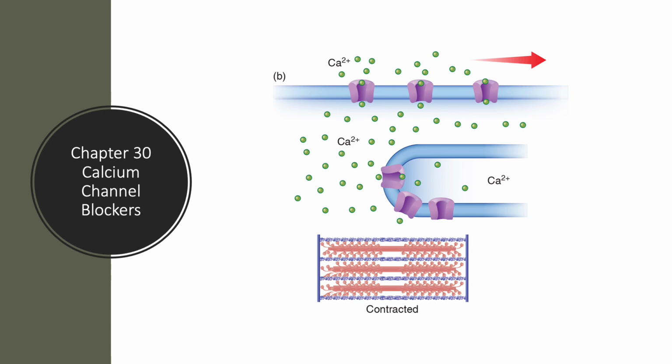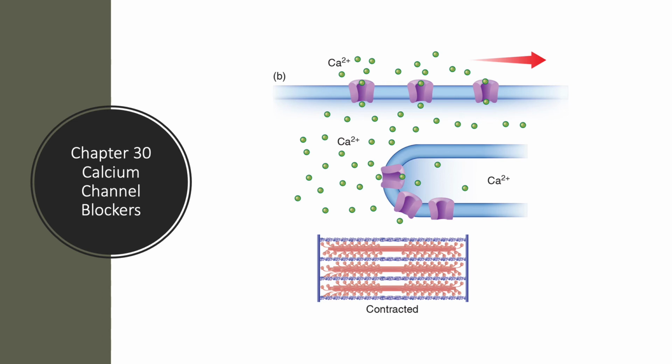Let's go to the heart now and see what they do there. So if we block the calcium channels in the heart, we can slow down the heart, because as mentioned before, calcium channels are involved in chronotropy, right? They're involved in the electrical conduction. So when we block them, we are slowing down electrical conduction. We are slowing down the heart rate. They are also heavily involved in contractility of the heart.